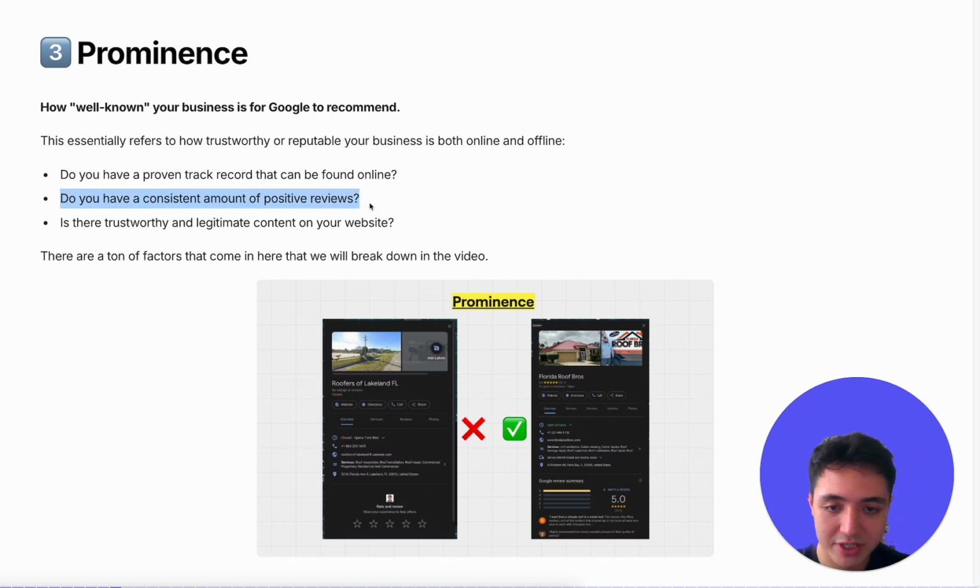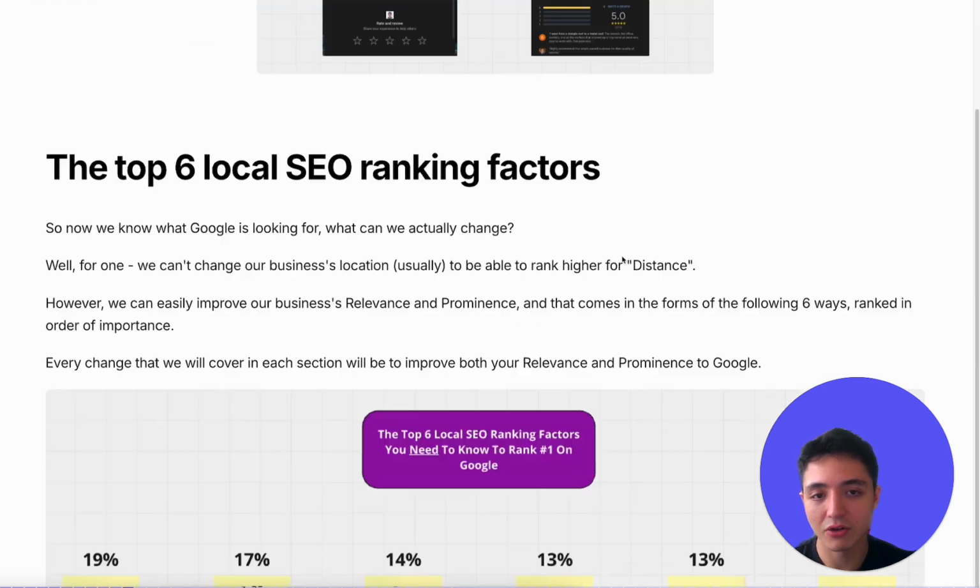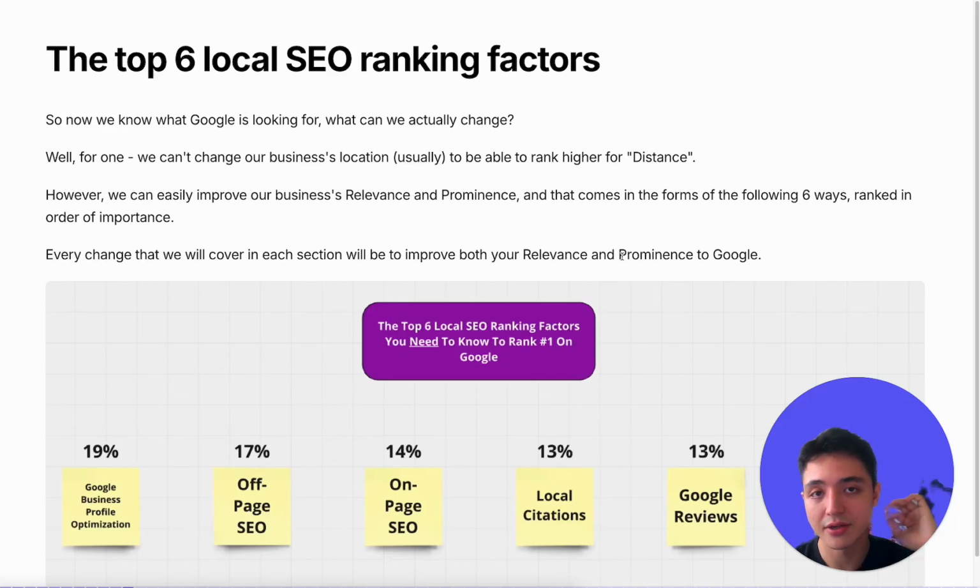And does your website look trustworthy and legitimate? And does it have relevant content to that? So there are a ton of factors essentially that contribute to this, and we'll be breaking those down in the video, right? So just really important to know these three things, and essentially how those will translate is going to be through our Google business profile, right?